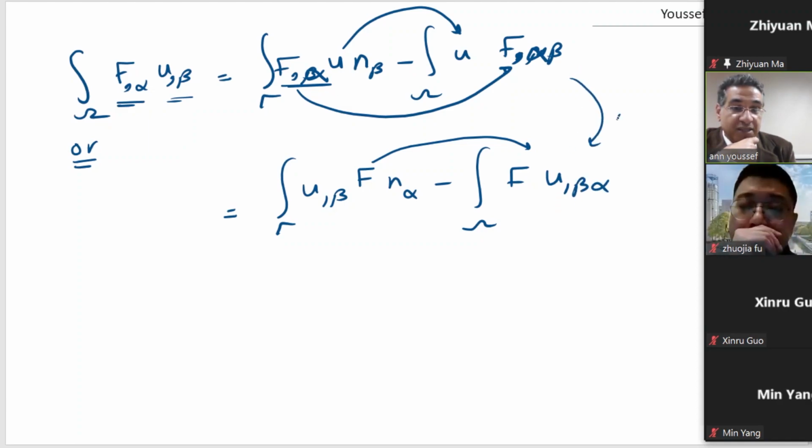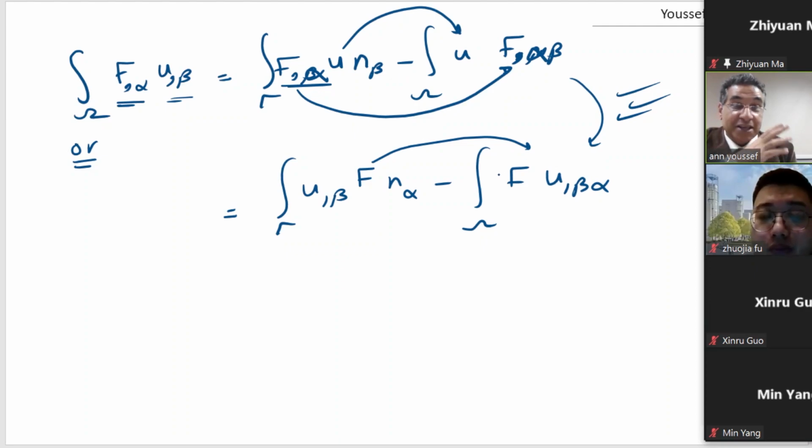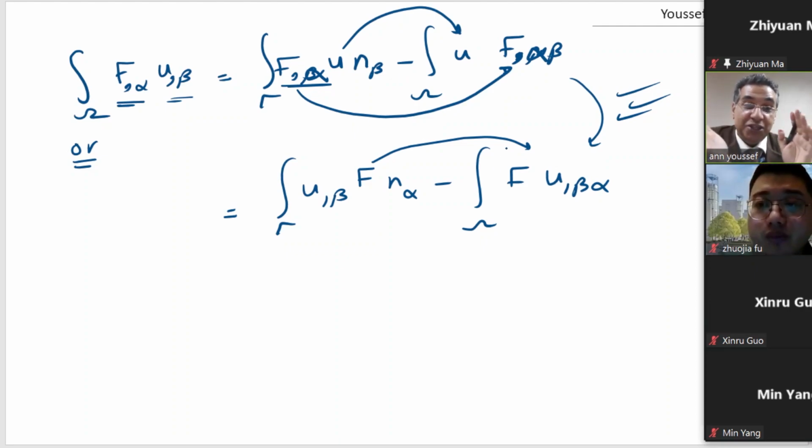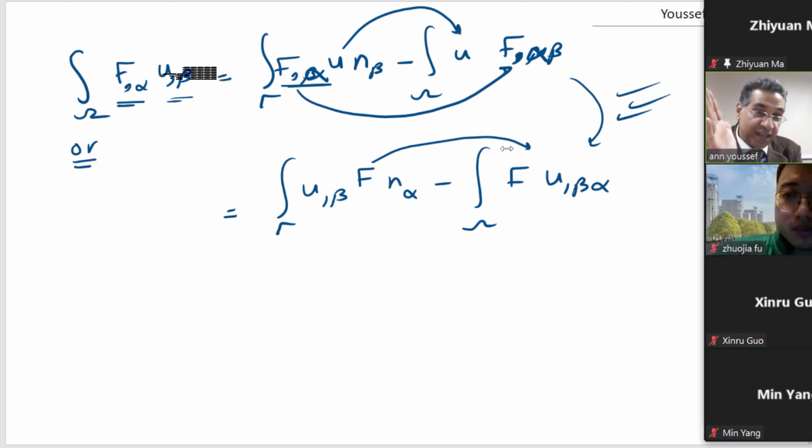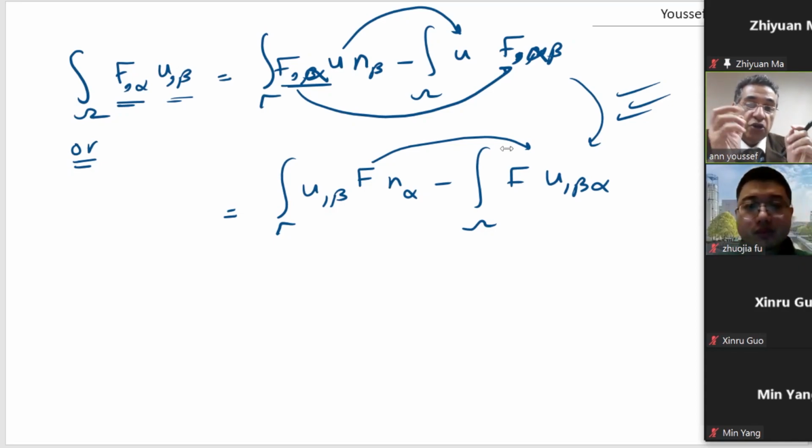Both expressions are similar. This is very important because I don't like uv and vdu and all of this. I usually read it: the first function times the integral of the second function minus the integration of the previous integral times the derivative of the first. Just always put this in your mind.